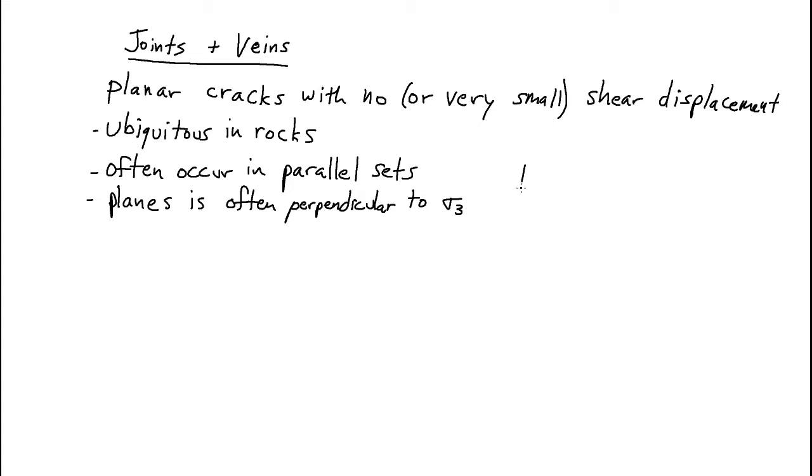So if this is what the joint looks like, we can be pretty confident usually that's the sigma 3 direction.